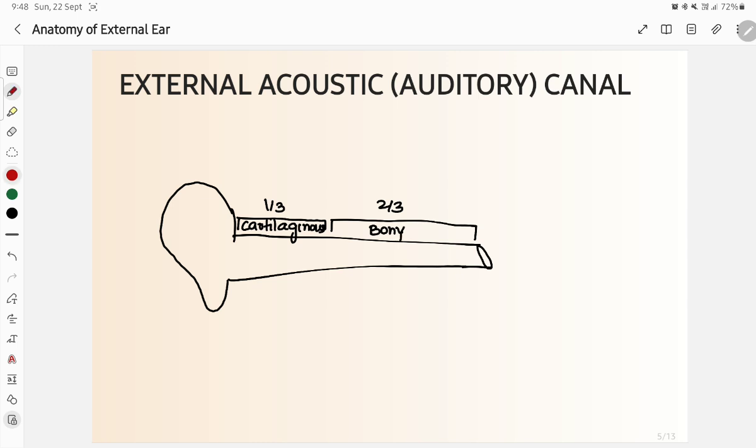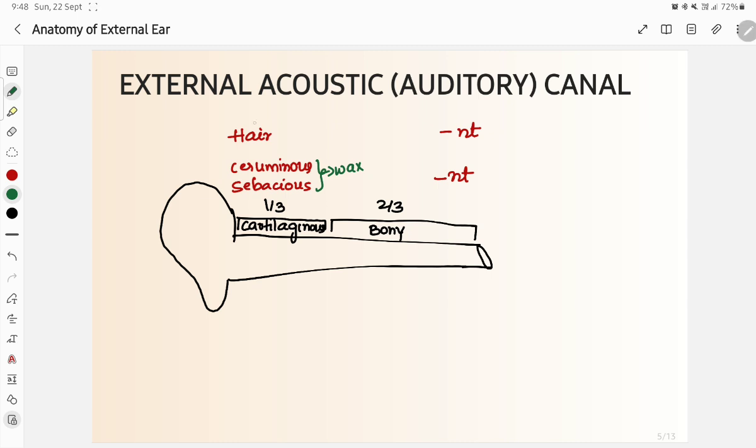In your cartilaginous part, it has ceruminous and sebaceous glands, while it also has hair follicles here. In bony part, the glands and hair follicles both are absent. These glands produce wax in the EAC, and the hair follicles also have a clinical significance.